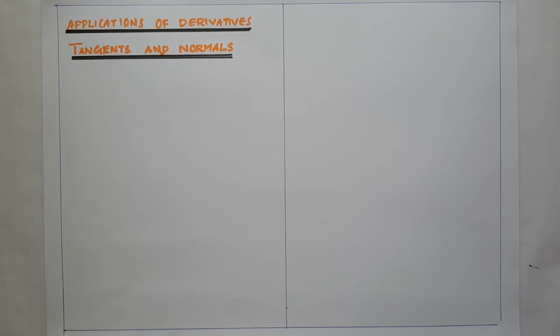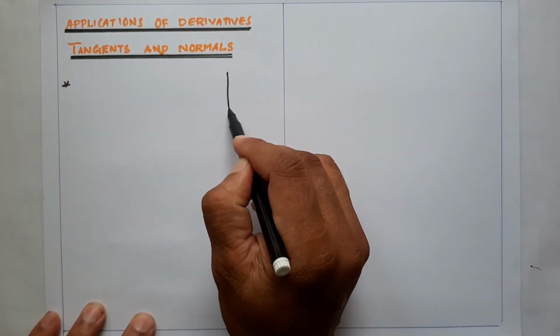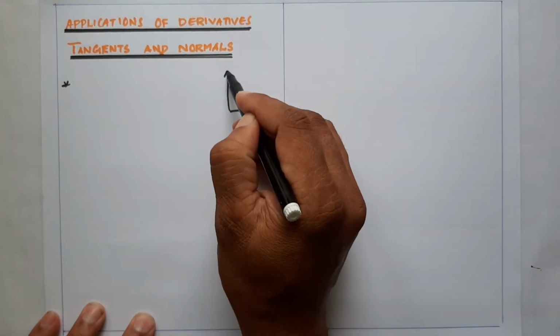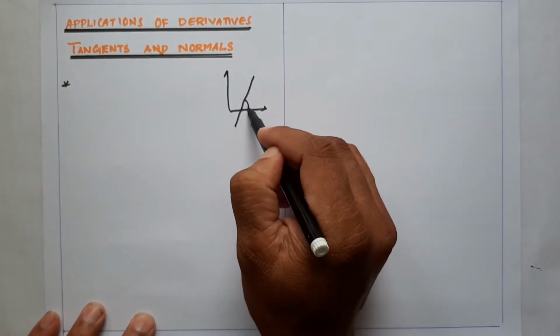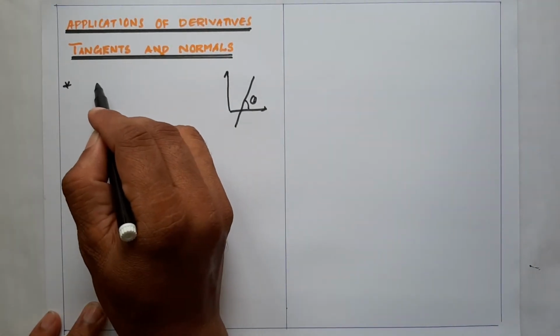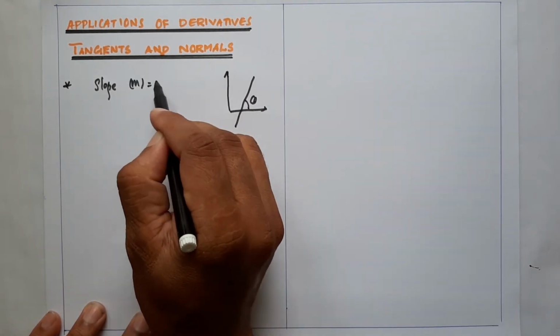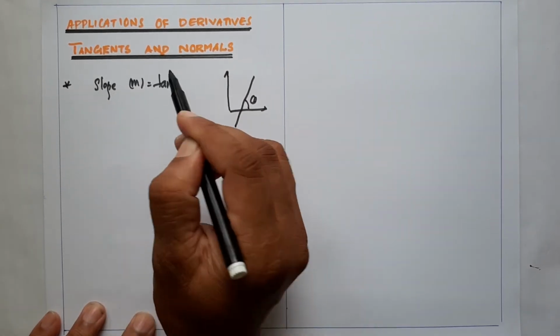Today we start our first section, Tangents and Normals. Before starting the chapter, first of all we recall some portions from the first year classes. First, you already know that if a line makes an angle theta with the positive x-axis, then the slope m is equal to tan theta.